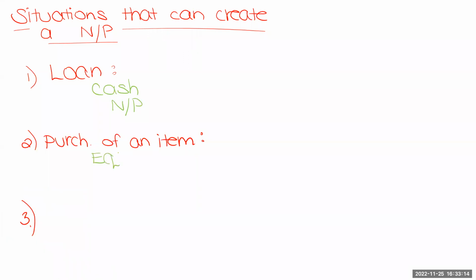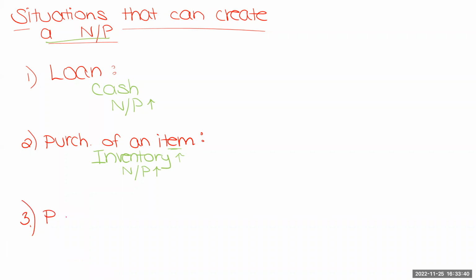Let's say it could be equipment, could be a vehicle, could be a building. Whatever the item is that we purchase, we'll debit that to increase it, and your offset is a note payable. So in all these situations, note payable will be credited to increase it, because we're creating a note. It just depends on what the other side is.